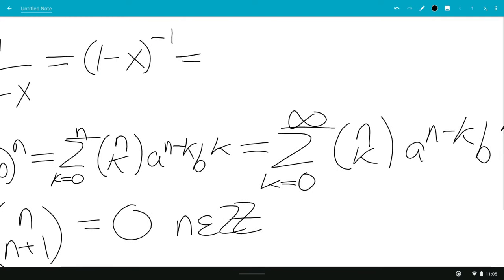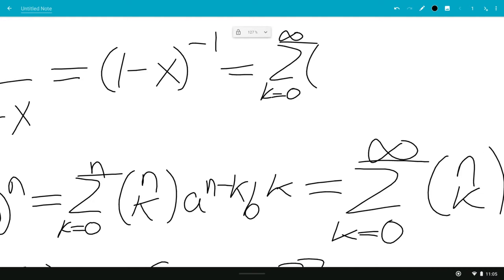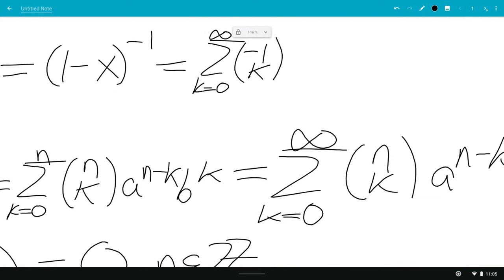So we have this question is the sum of k goes from 0 to infinity. N is negative 1. Negative 1 is an integer, so we can use it. Negative 1 choose k. And a will be 1. So 1 to the n minus k is always 1. And we'll let b equal negative x.